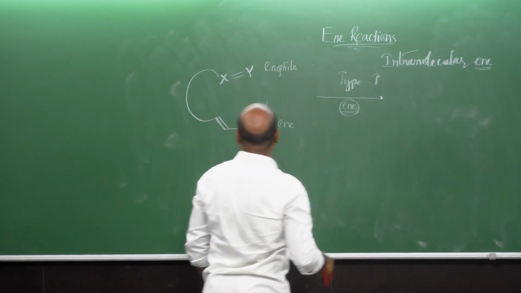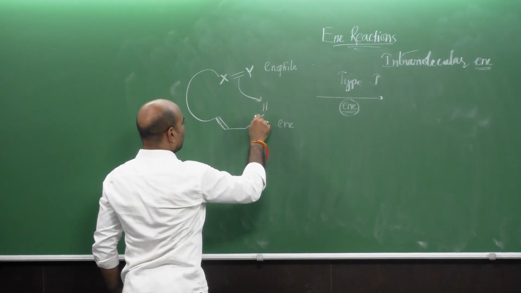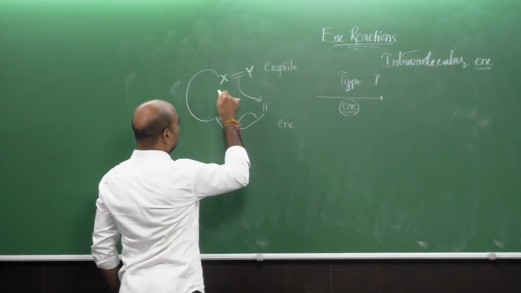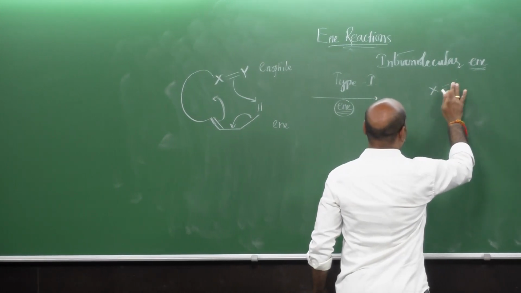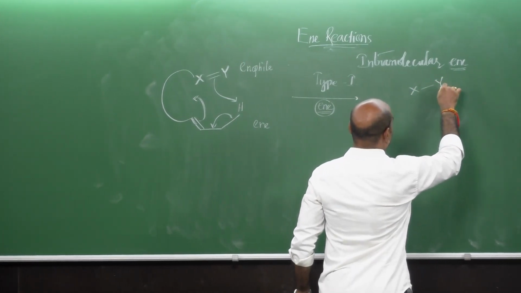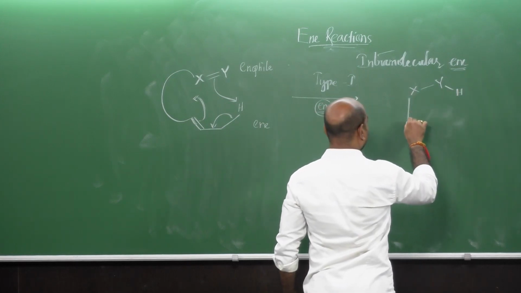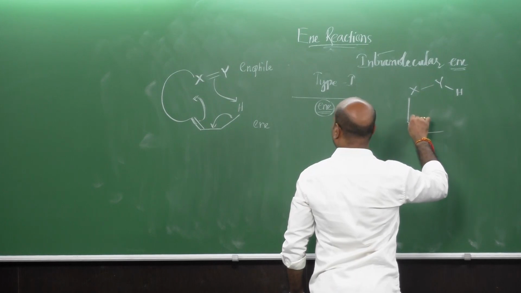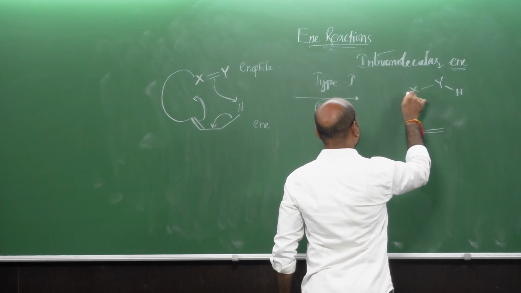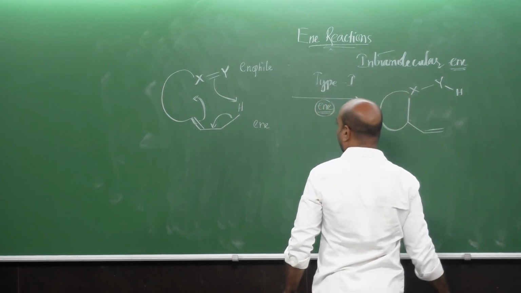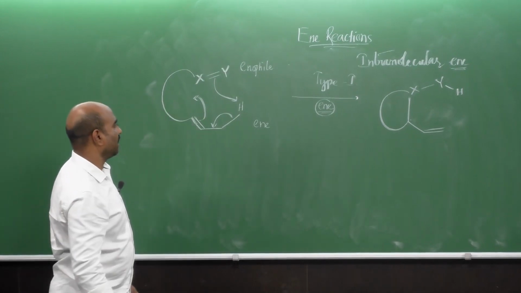So the product will be like this. What is going to happen? This is coming here, this is going here, and one more new bond will be formed. X double bond Y is now XH. This double bond has moved already, and there is a connection here. So, this is the product you will be seeing.